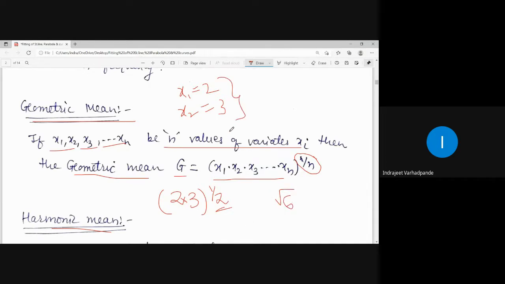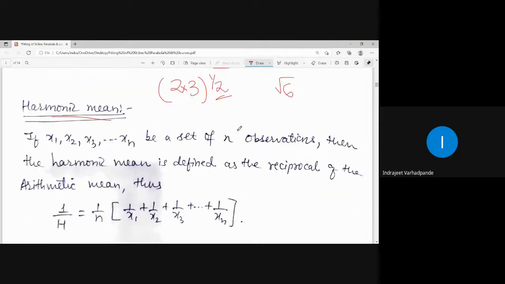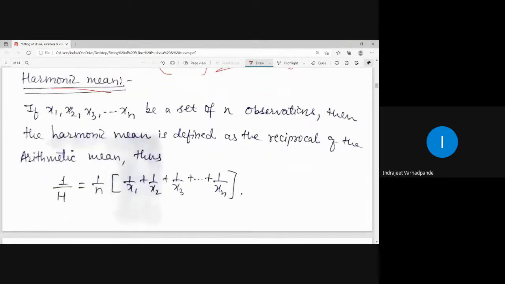Lastly, the harmonic mean. If x1, x2, x3 up to xn is a set of n observations, then the harmonic mean is defined as the reciprocal of the arithmetic mean, where the arithmetic mean is (x1 plus x2 plus x3 up to xn) upon n.